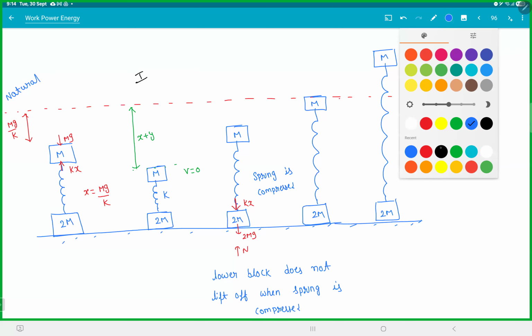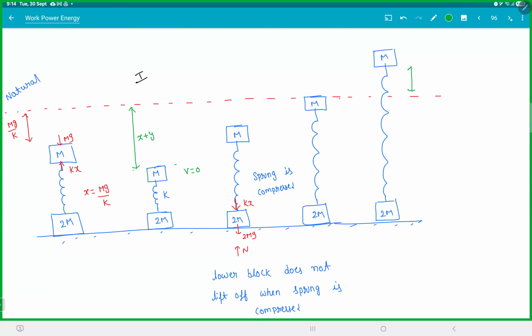So let's say this elongation is some Z. So now the spring is elongated. So this elongation Kz, 2 mg. So if Kz becomes greater than or equal to 2 mg, the block lifts off.